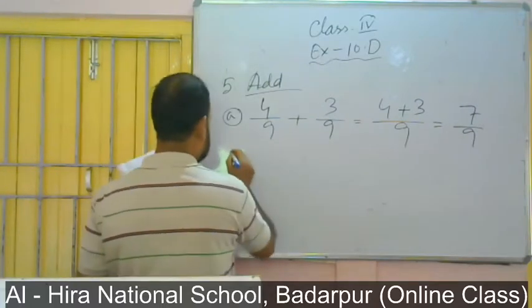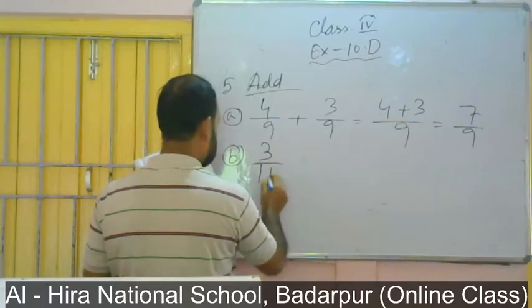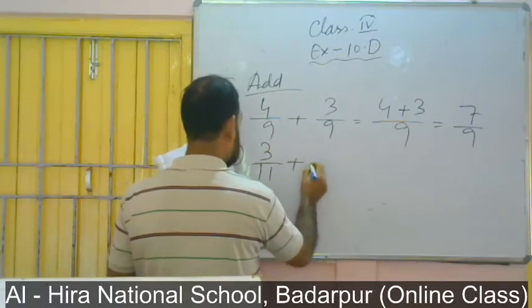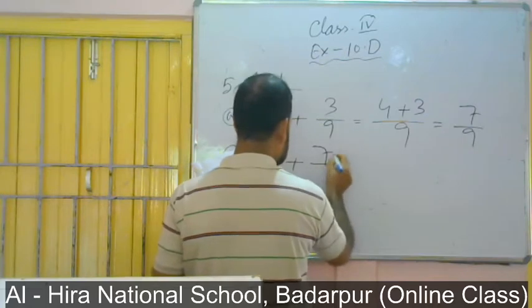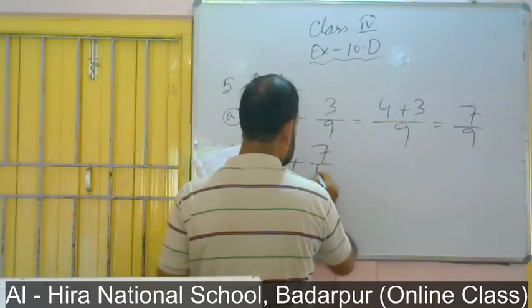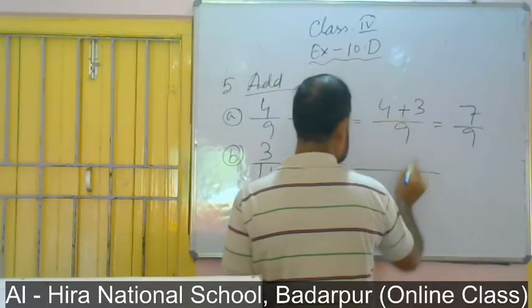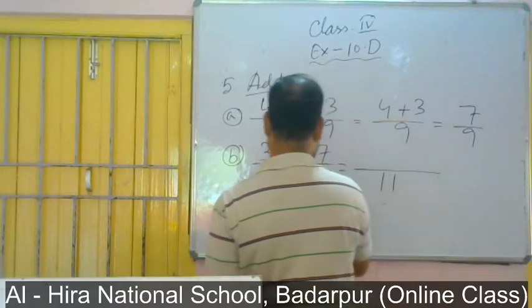Next question number B. 3 by 11 plus 7 by 11. So here also like fractions, then 11 is common denominator.